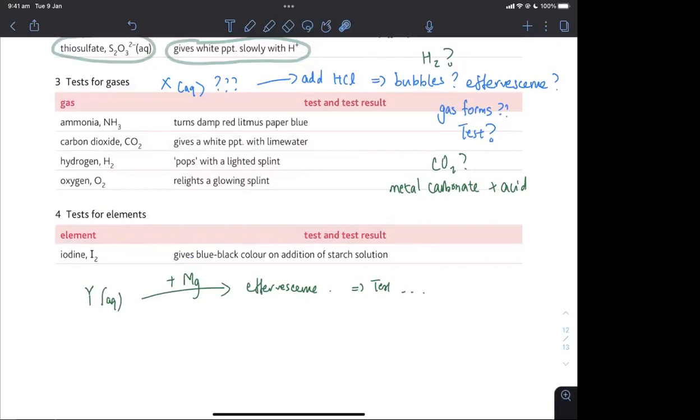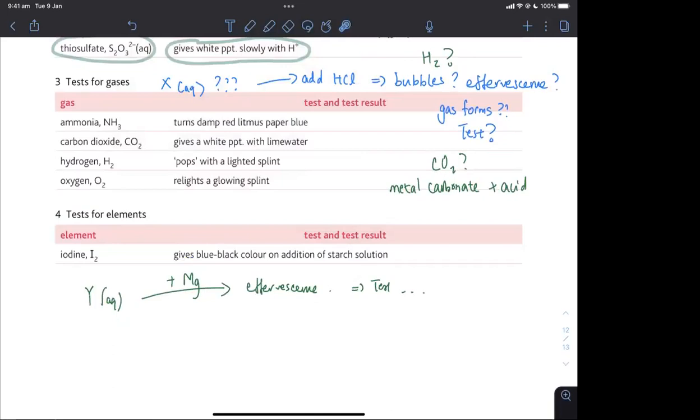Shakira, what do you think? So if I add metal, I get effervescence. What do you think, Shakira? No one? Is the internet a bit lagging? What do you think, Akila, since you did practical already, right? Metal plus something give you effervescence. What do you think Y contains?